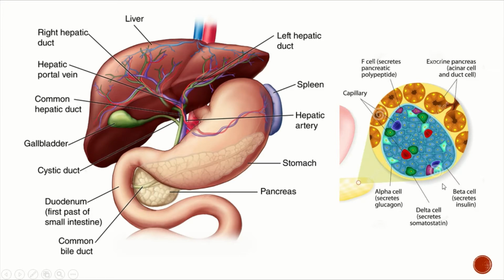This over here you can see is the main cells of the functional units of the pancreas, the islets of Langerhans, and it's where its hormones and enzymes are produced.